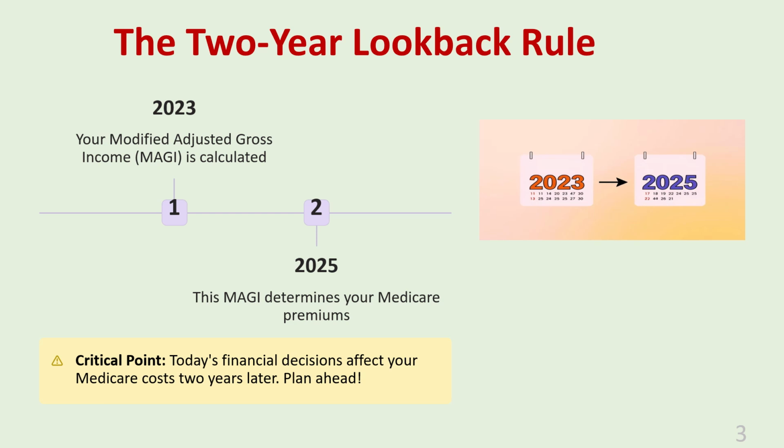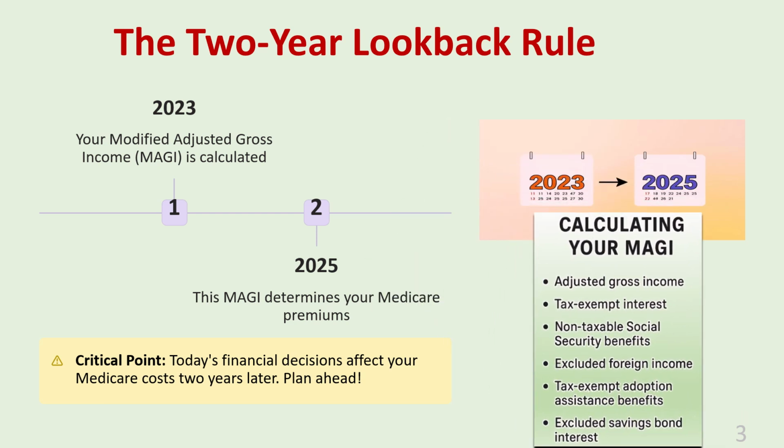The financial decisions that you make today, like selling a large stock holding or doing a Roth conversion, will not affect your Medicare premium until 2 years from now. This delay is why being proactive, planning for long-term tax and retirement, is essential to avoid costly surprises.